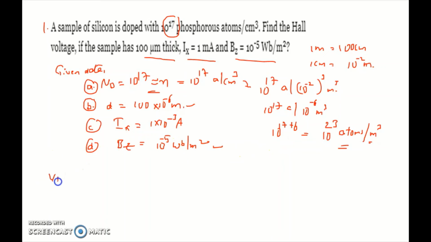Now, coming to the Hall voltage, the formula is V_H = BI divided by rho into W. Okay, this W can also be taken as width or thickness.